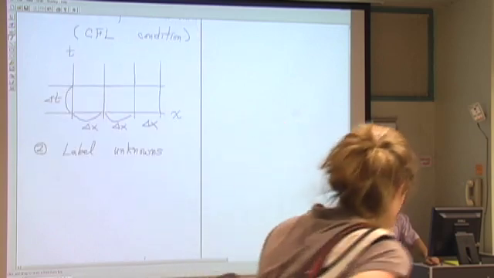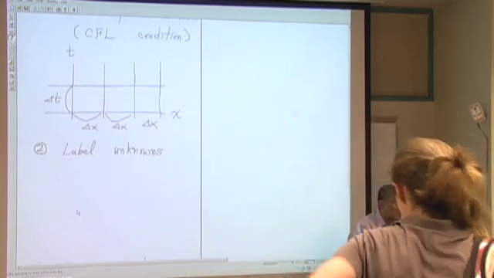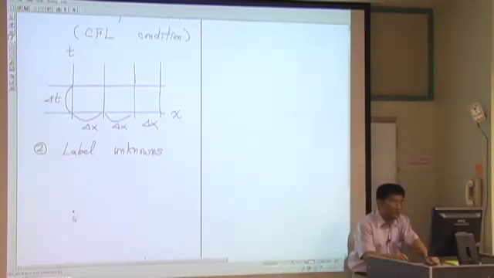In any case, we know the height at these points because we want to know the height at these points. We label the position. For instance, you can call this U11 or U10. You can call this U20, or you can call this U21, right? So you can call it any way you want.